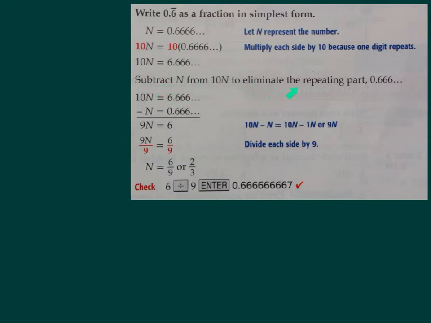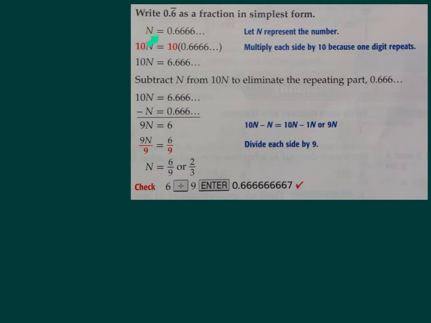And the reason I'm going to do that is because I want to get rid of the 0.6 repeating. Okay? So I subtract 1n from the left-hand side. So I had 10n, I take 1n away, and I'm left with 9n. And because I subtracted n from the left-hand side, I also need to subtract n from the right-hand side.